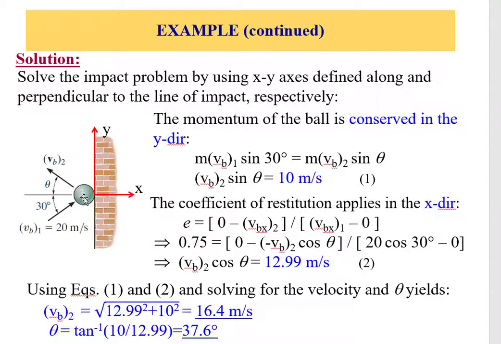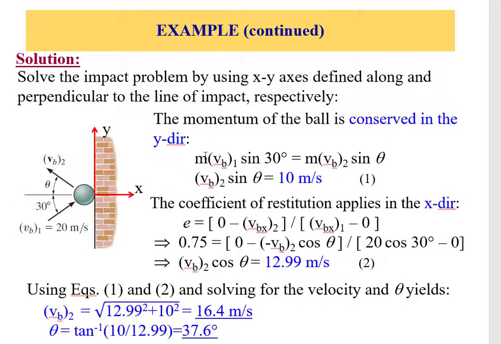But for the ball, we know that the component in y before the impact, VB, multiplied by its mass, which gives us the linear momentum, multiplied by the angle, which gives us the component of the velocity in y, sine 30, is equal to the after.